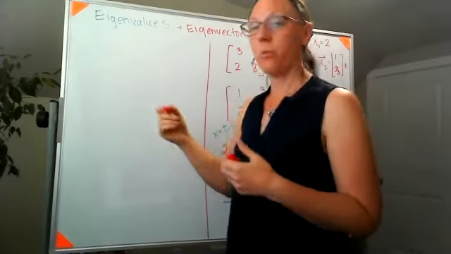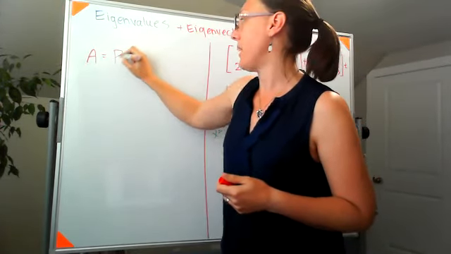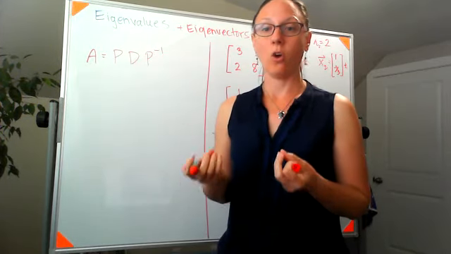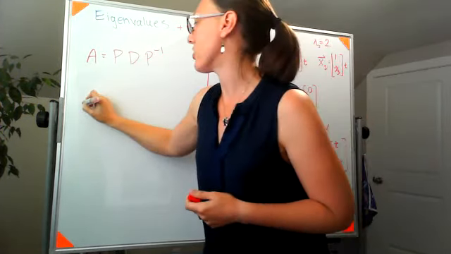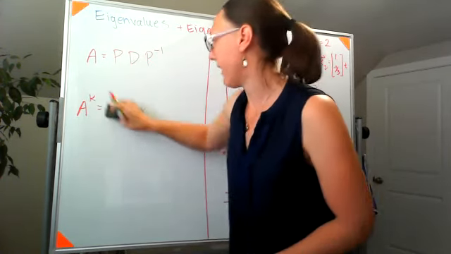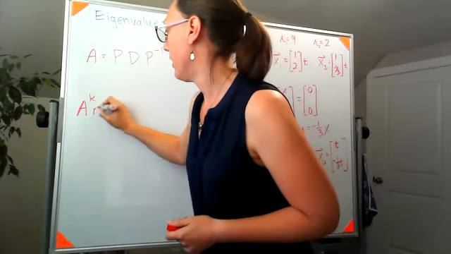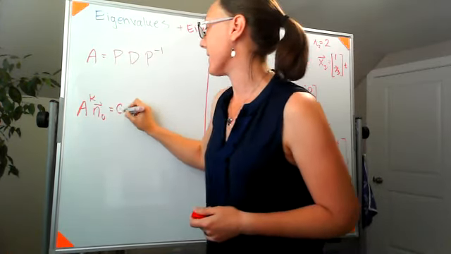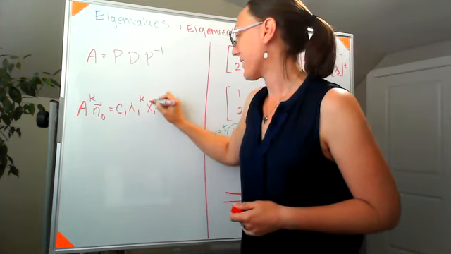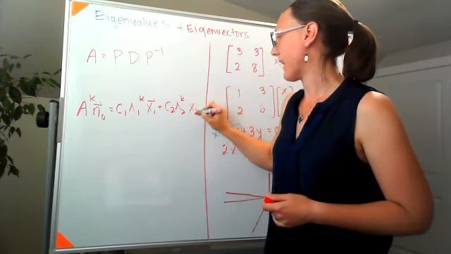However, if we are asked to express A in the form of PDP inverse, meaning to diagonalize A, or if we are going to represent A to the K power times a vector, and I'll just call it N naught to be consistent with the textbook notation, that N naught vector as C1 lambda 1 to the K x1 plus C2 lambda 2 to the K times x2.